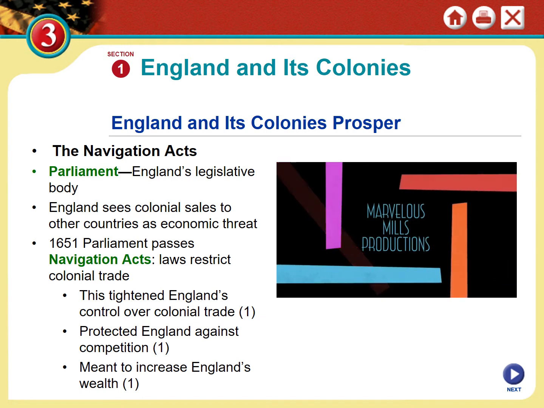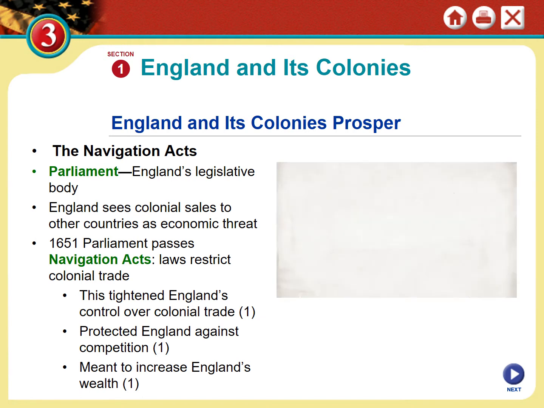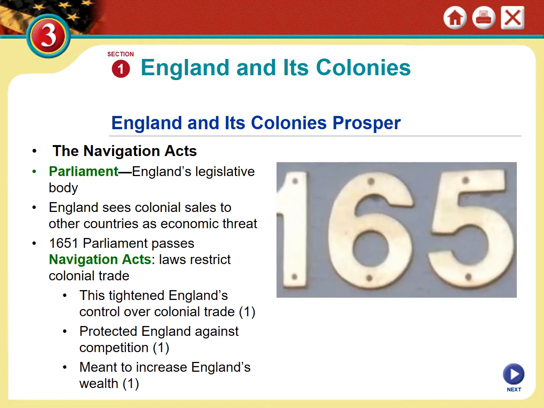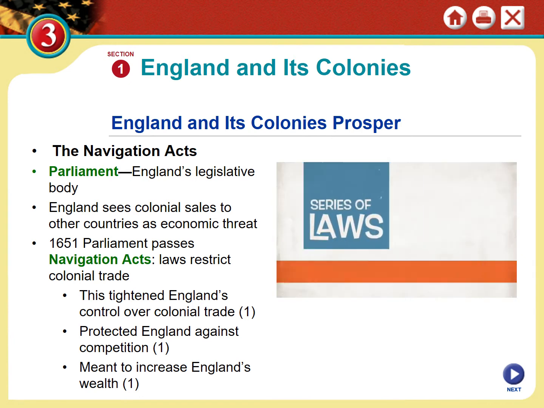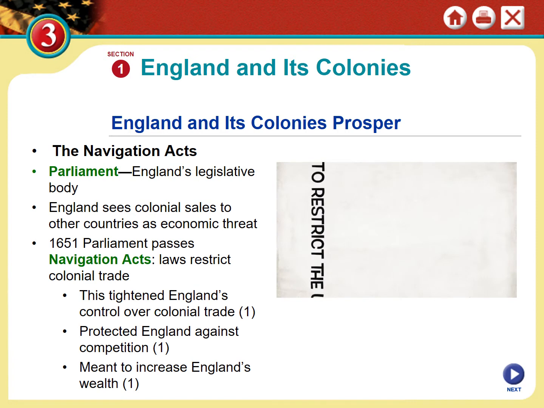Now, again, this idea of mercantilism was the predominant economic theory of its time.